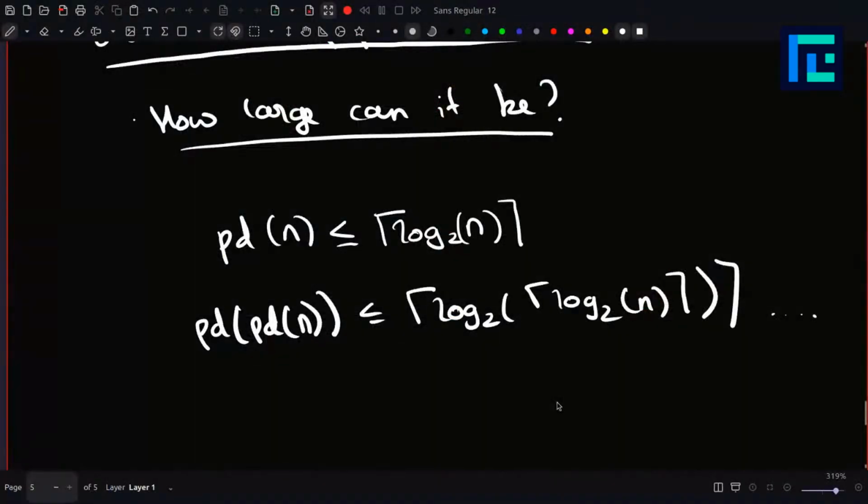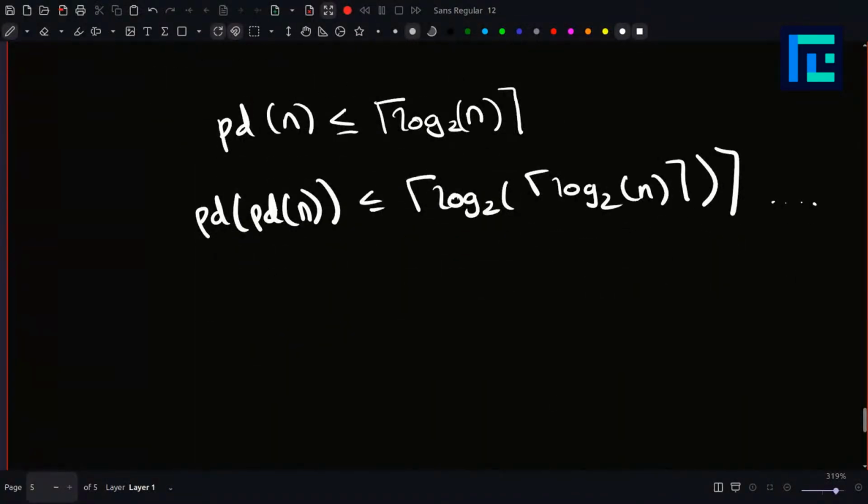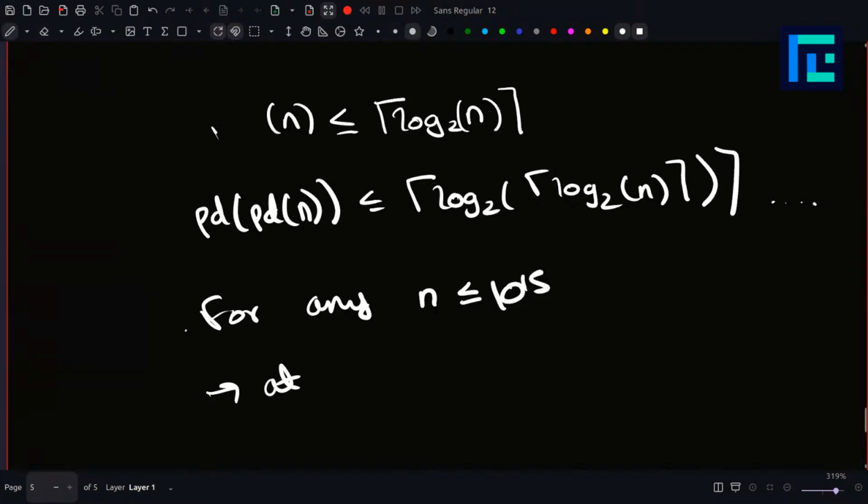So what we can say here is that for any n less than or equal to 10 to the power 15, at most 5 steps, this should be pop count, not pop count depth, should be pop count over here.